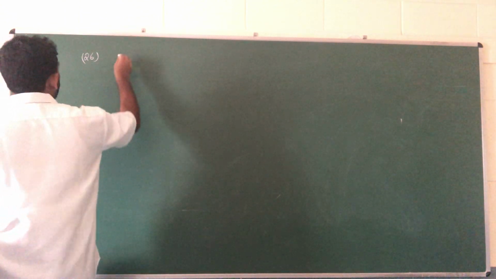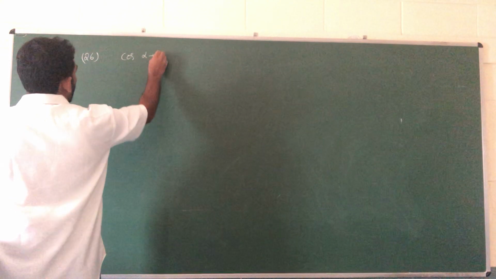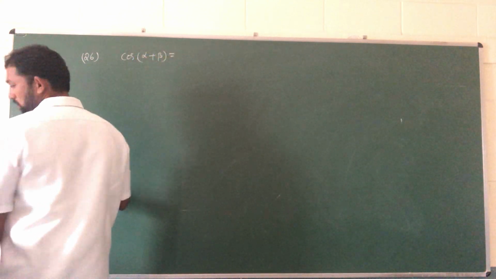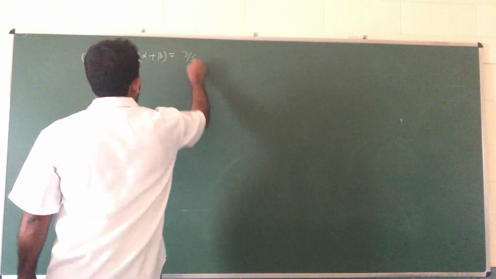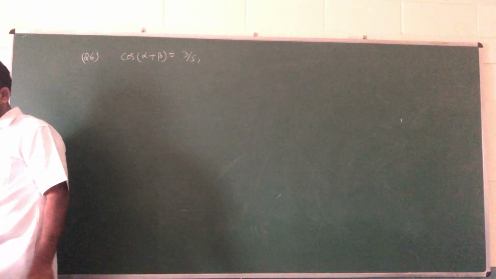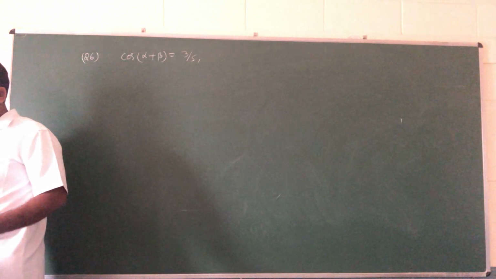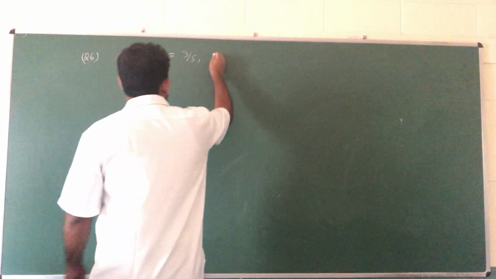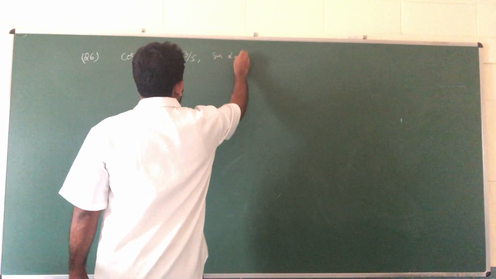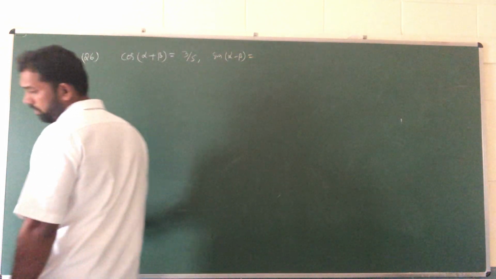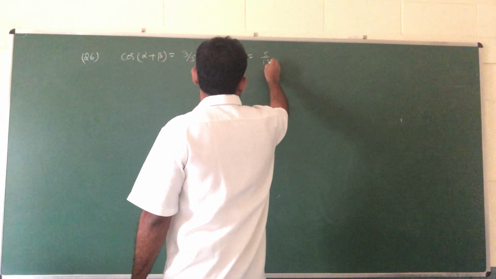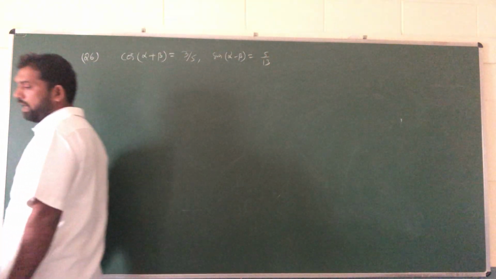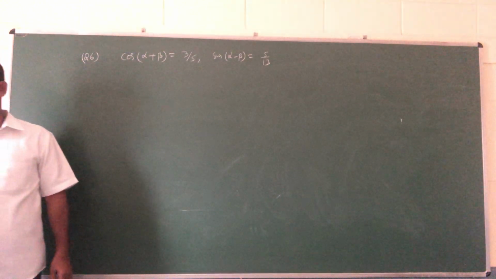So what is given? In 26, cos of alpha plus beta is equal to 3/5. Next, sin of alpha minus beta is equal to 5/13.